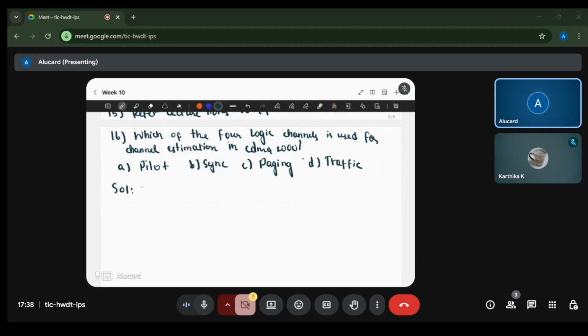And again, conceptual question. You can see picture 45.